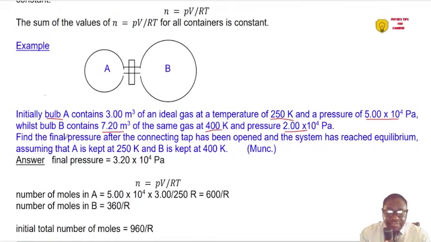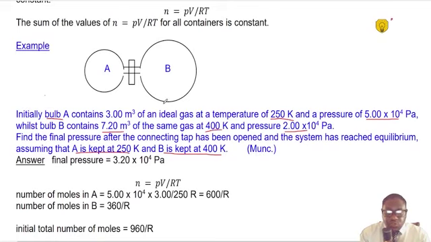Then it says find the final pressure after the connecting tap has been opened and the system has reached equilibrium. Assume that A is kept at 250 kelvins and B is kept at the same temperature, 400 kelvins. This question has been taken from Roger Manchester.